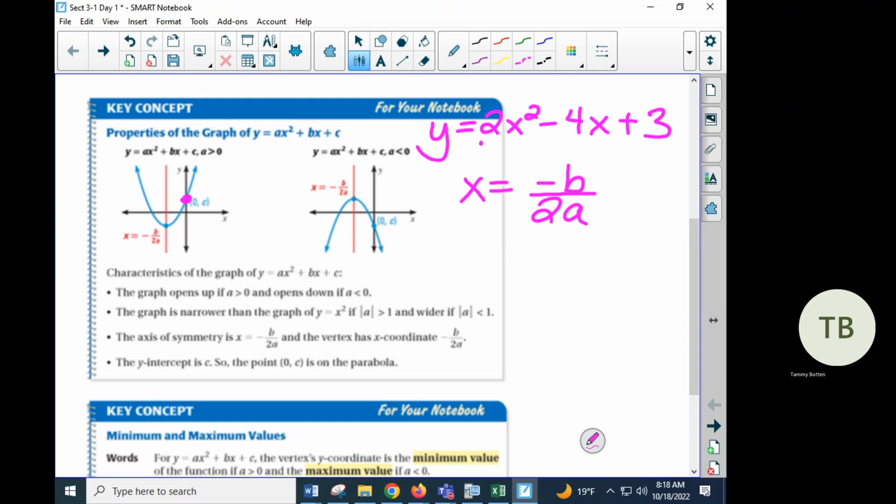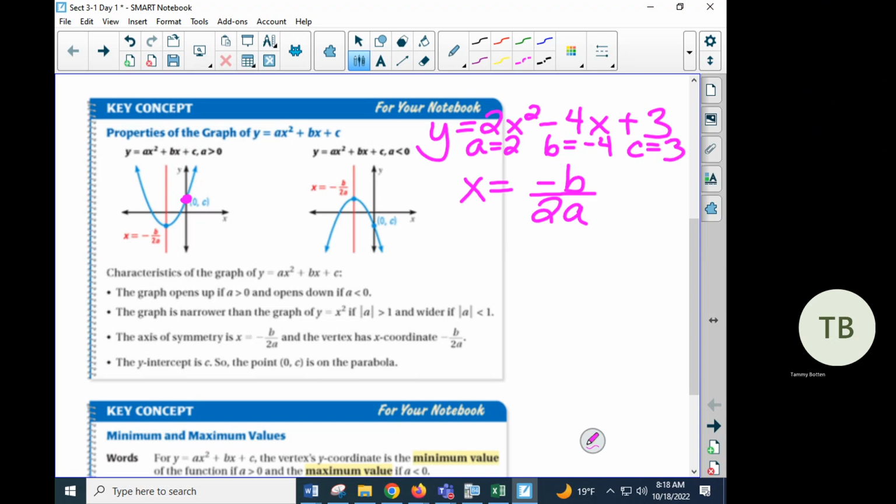First, a is what's in front of the x squared, so that's 2. b is what's in front of your x, and you always keep the sign with it, so in this case it's -4. c is your constant at the end, and you always keep the sign with it, so that's 3.